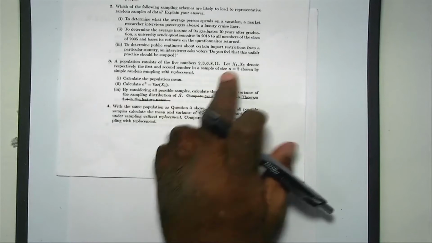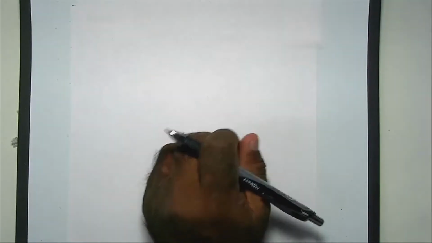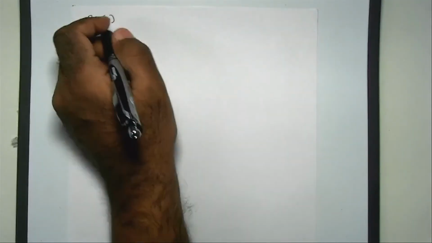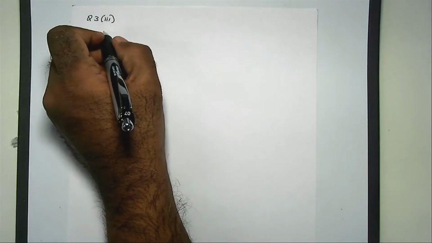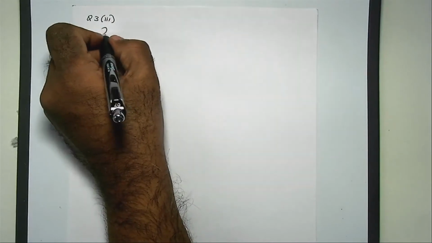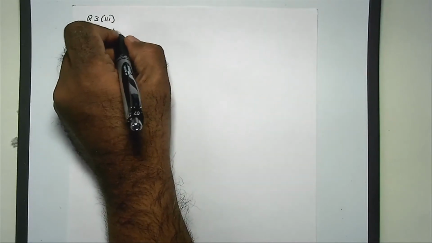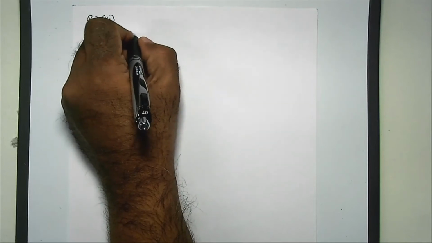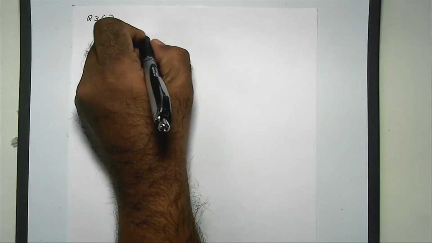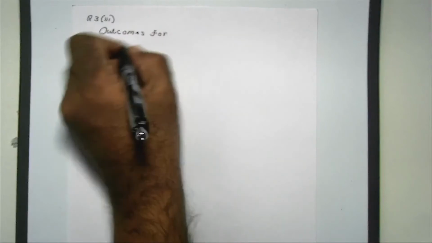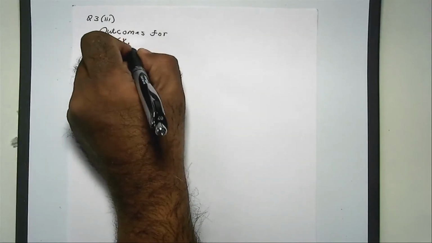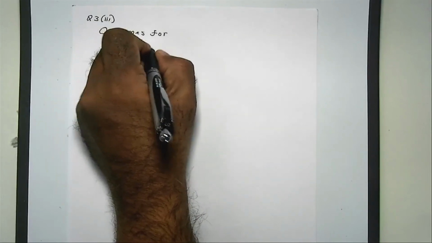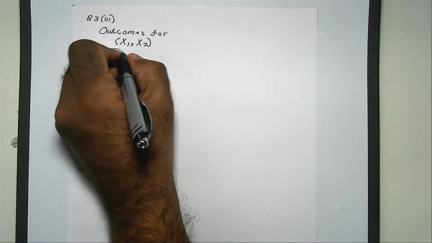X bar is the average of x1 and x2. So the first thing you need to do is to write down all possible outcomes for x1 and x2. So that's what I'm going to do here.